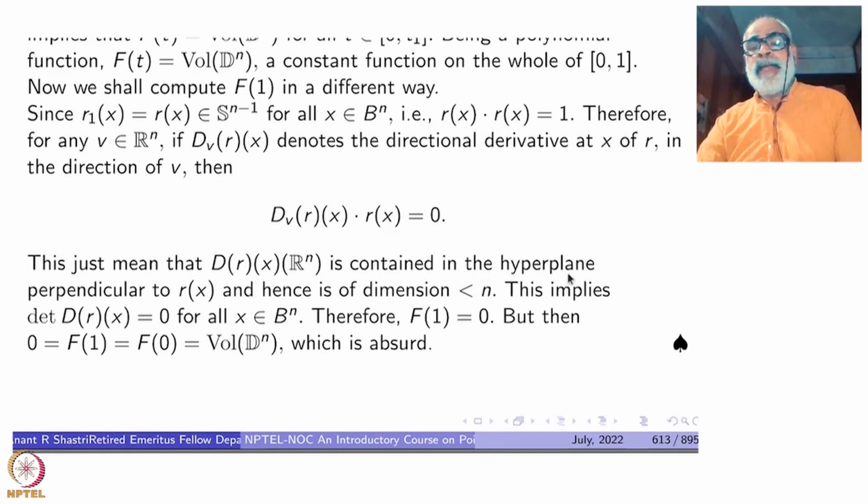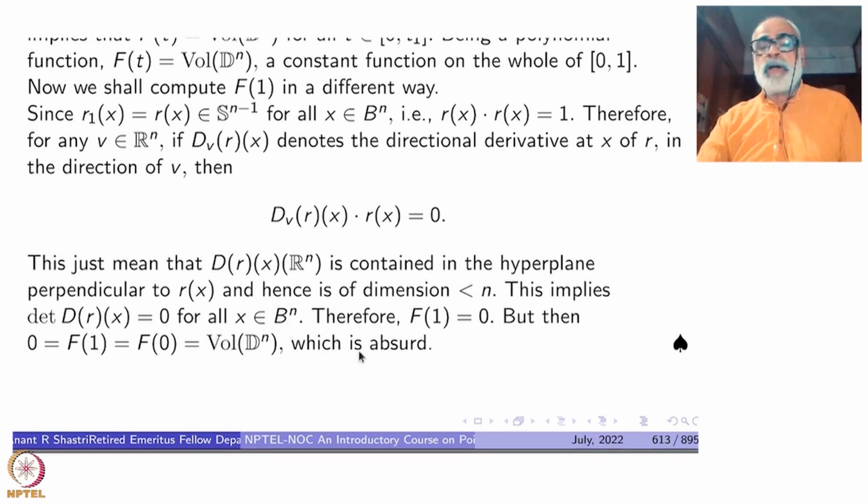It is contained in the hyperplane perpendicular to Rx. But that is of dimension less than n. So this implies the linear map associated with that has determinant 0, because its rank is n minus 1 at most. It may be smaller also, I don't care. So this happens for all x inside B.